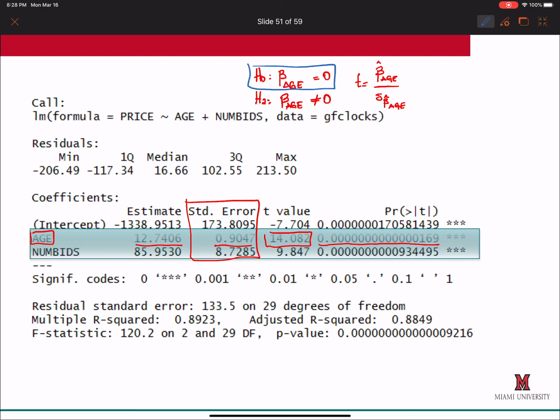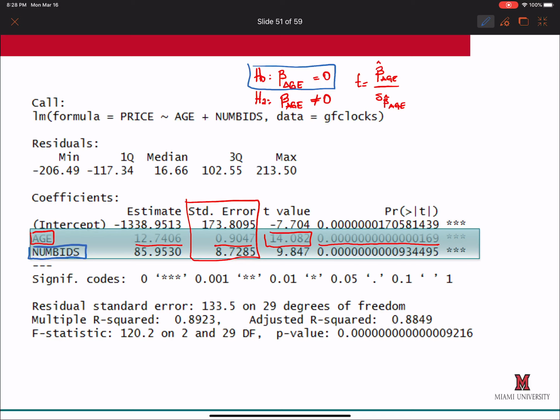It's basically not possible. So, in other words, there is a relationship between age and price, but the point here is that this is in the presence of the number of bidders. We don't know how these variables are going to be related individually with price, but we know that in the presence of the other variable, these are related.